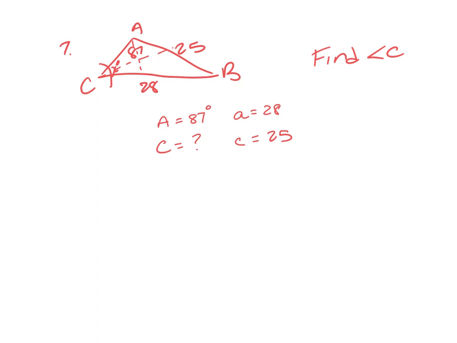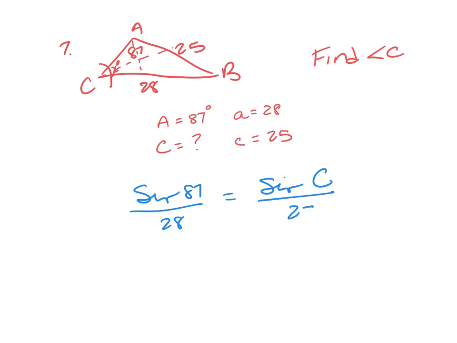So I put sine of 87 over 28 equals sine of big C over 25. Now here we cross multiply and let the math take us there before we do anything crazy. So this is going to be 25 sine of 87 equals 28 sine of C.